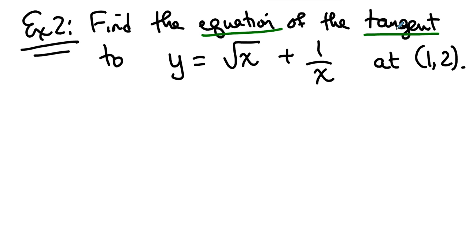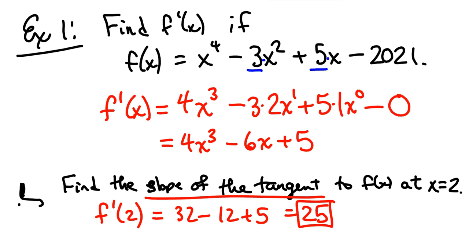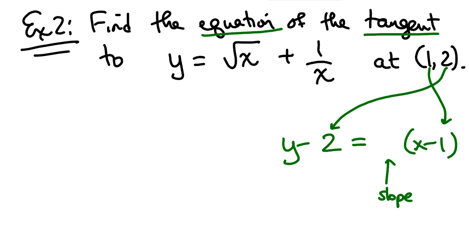Well, that's an equation of a line, and I know how to find the equation of a line. It's y minus y1 equals the slope times x minus x1. That's the y value, this is the x value, and this is going to be the slope. I learned that the slope of the tangent is a derivative value. So over here, we're going to find a derivative value.